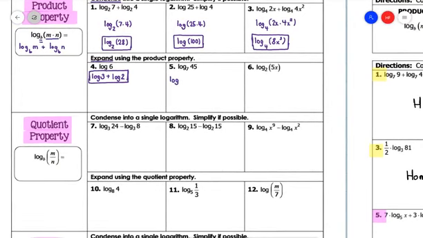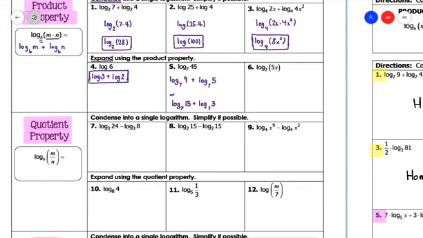So like on number 5, log base 7 of 45, we could use 9 and 5. We could use 15 and 3. And so we see that there are multiple ways for these logs to be expanded, and we would have the same answer. So number 5, either one of those would suffice as an answer since we were able to expand it into 2 separate parts using the original log.